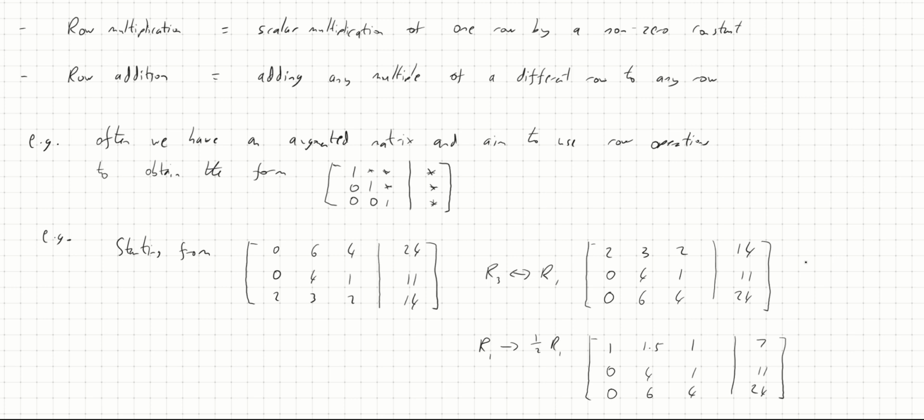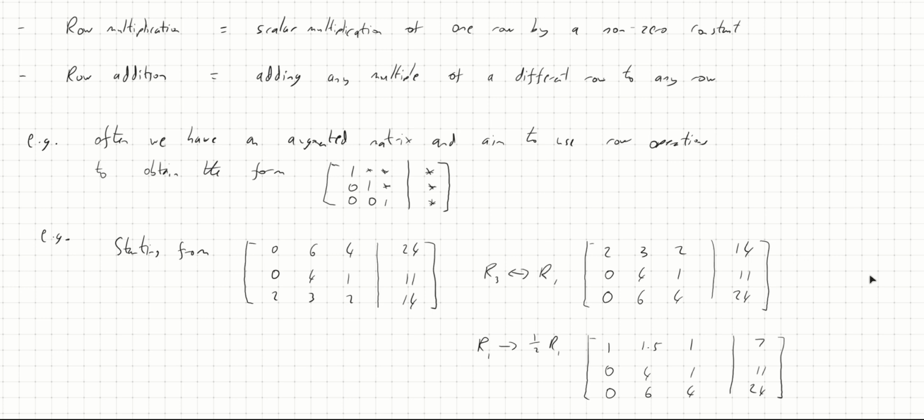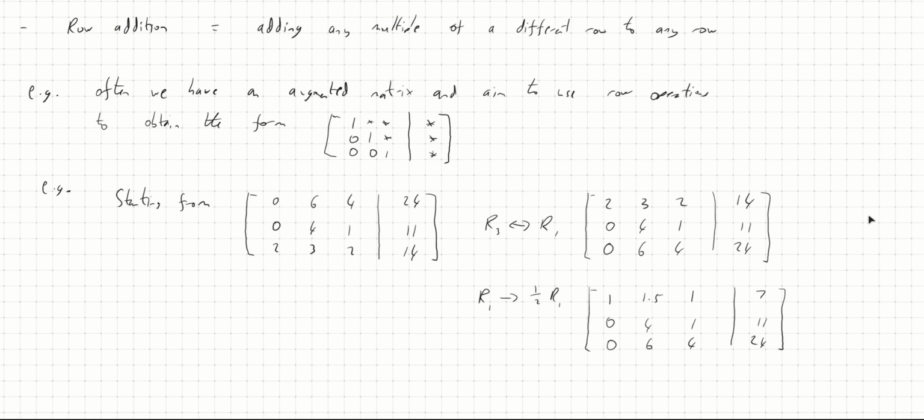So what we'll do is replace row 3 with row 3 minus 1.5 lots of row 2. And this is a row addition.